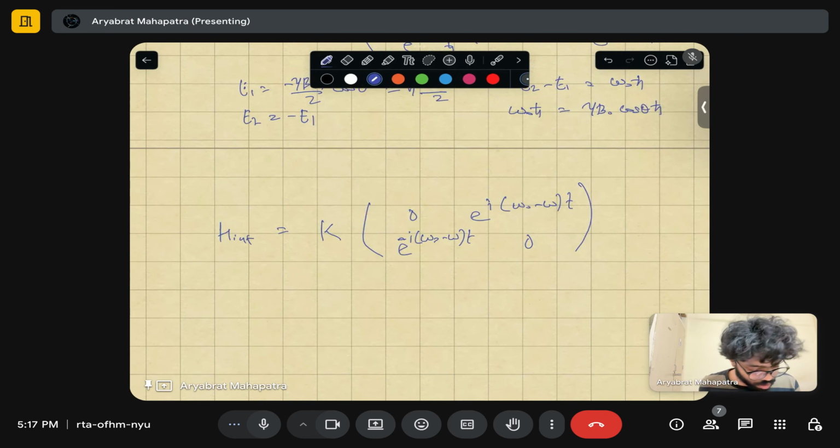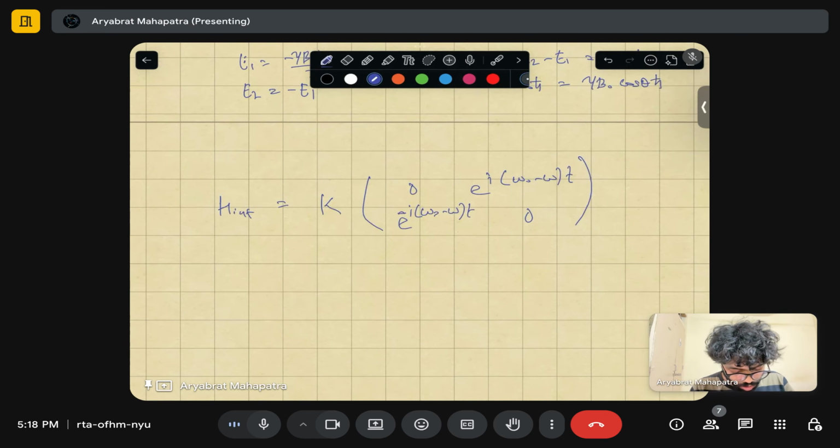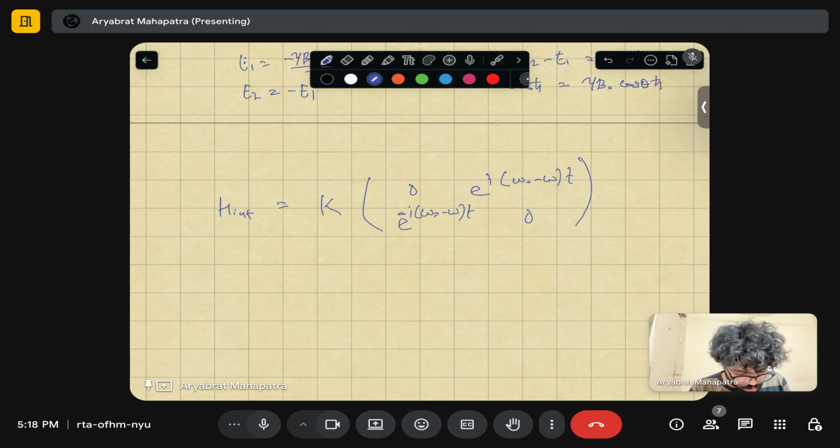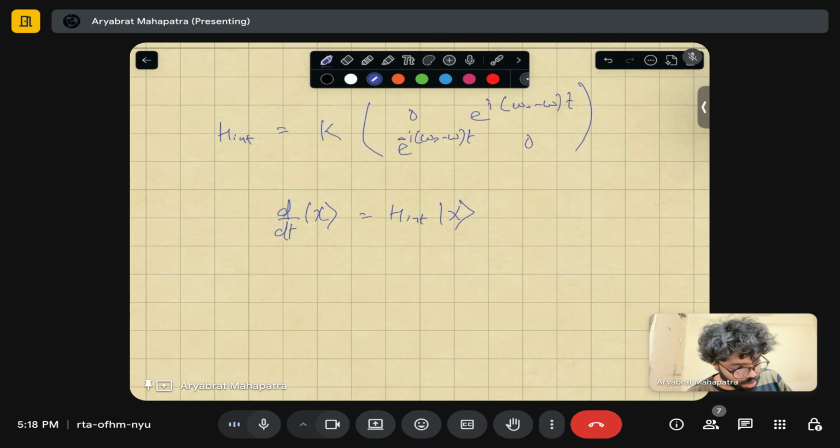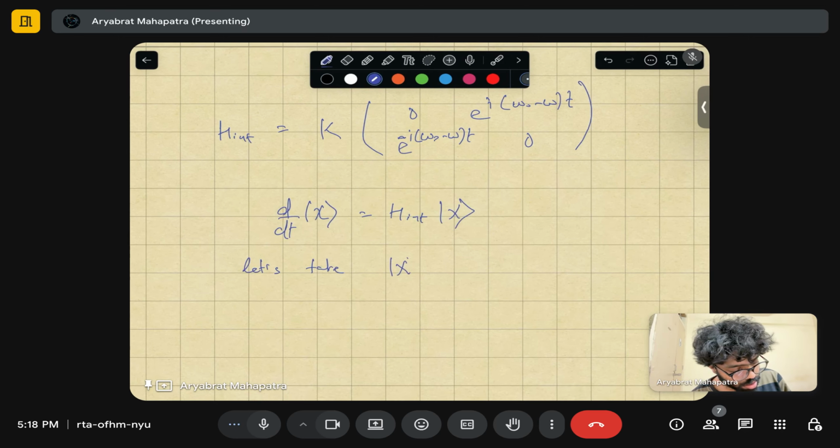Then using this H int, you have to determine what is chi. So we know you have to calculate that i h bar d dt of chi is H int chi. Let's take chi of t as c1 of t and c2 of t.